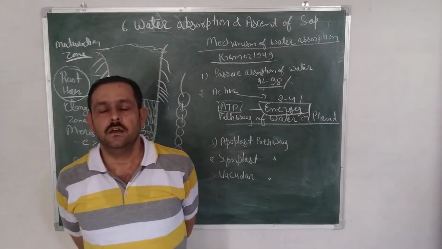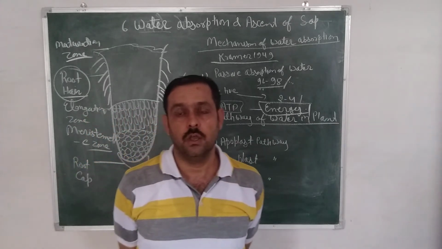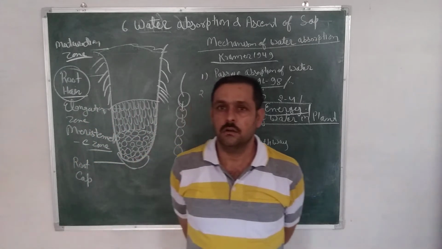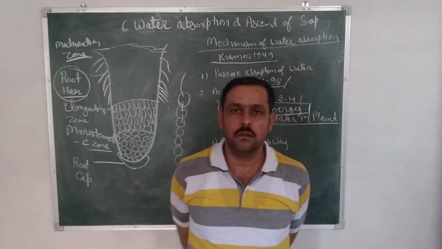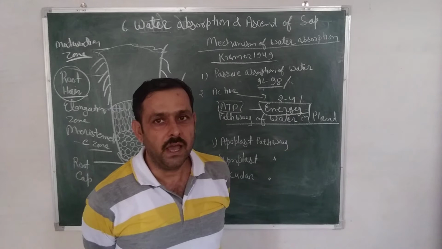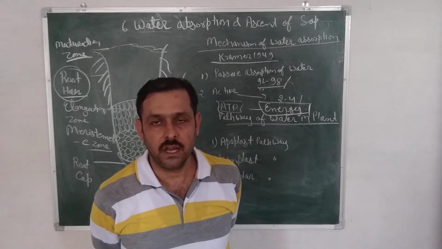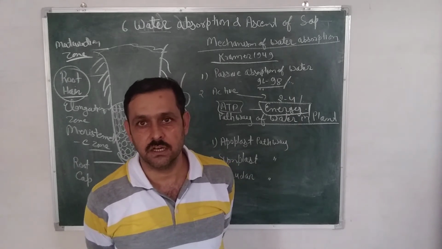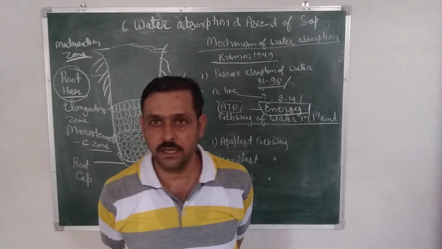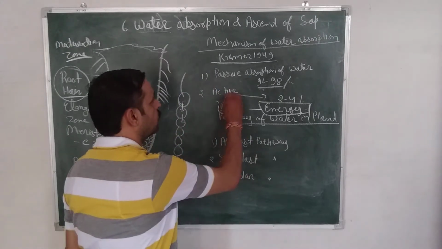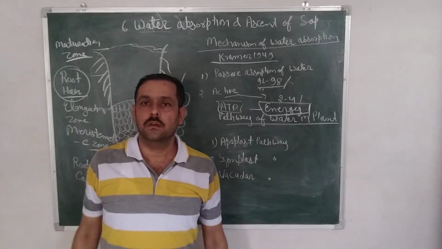And there is a root pressure which is generated by the cells of the root. By this pressure and with the help of energy, roots absorb water in the night. This is called active absorption.